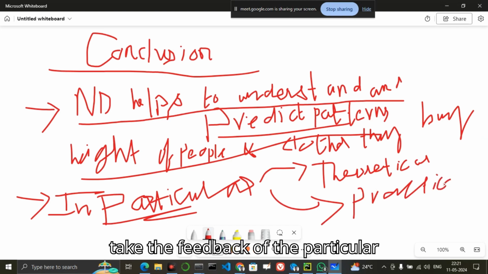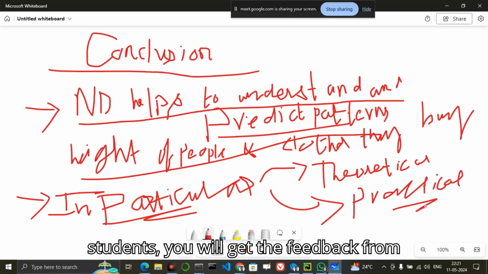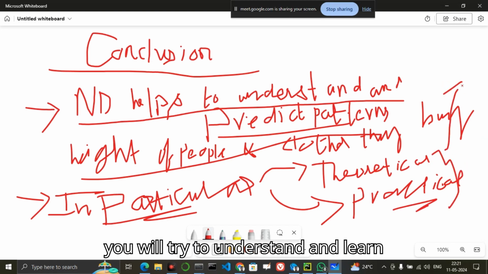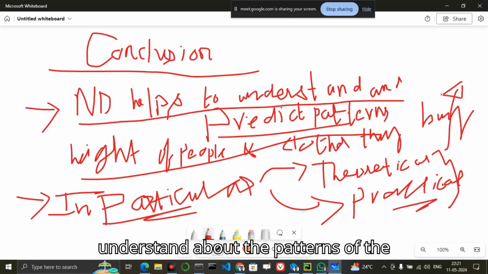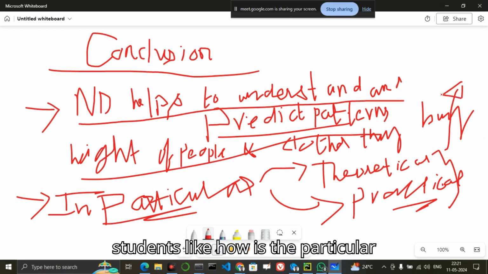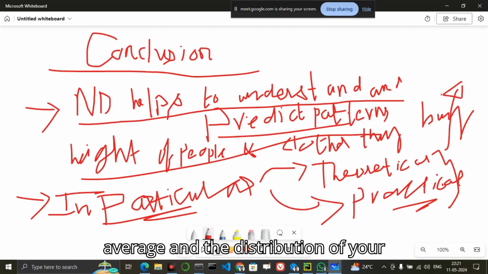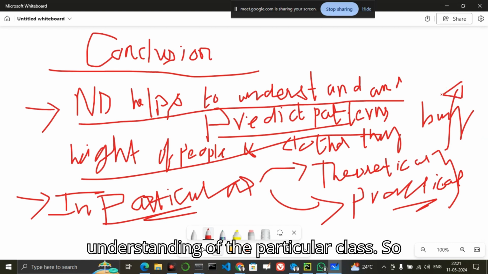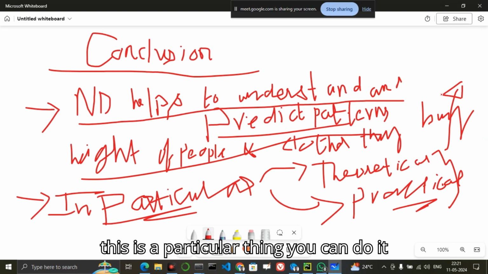You take the feedback of the students, and from that you try to understand the patterns of the students, like what the average and the distribution is for the understanding of the particular class, right? So this is something you can do.